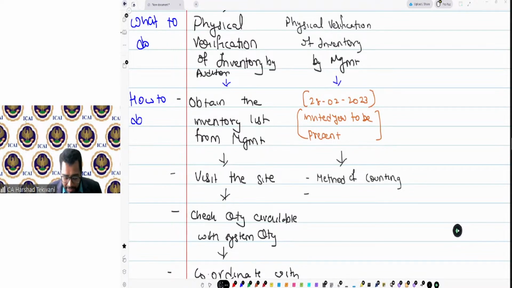What will I do? The management is conducting a physical count. I'm there to observe. But what will I observe? One is the method. What else? I'll just observe the process, what they are doing. The person is coming from there, the person is going there, he's counting. Do I just observe, or is there any specific thing I need to pay attention to?